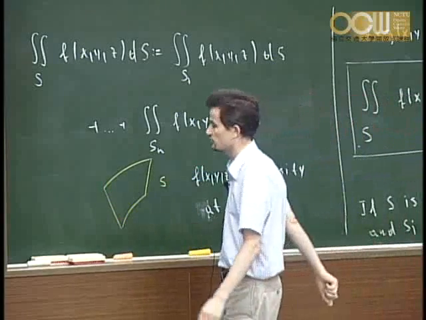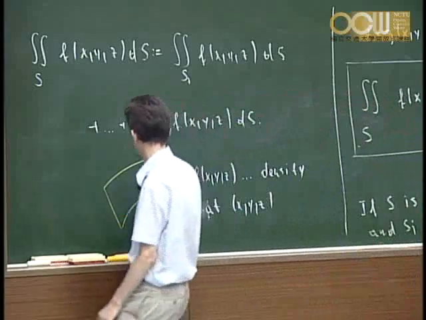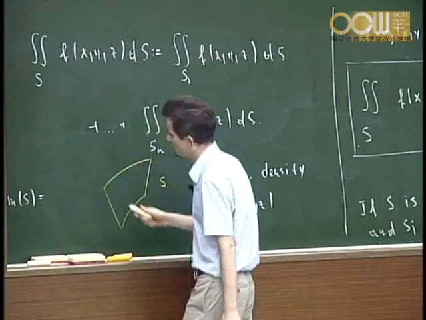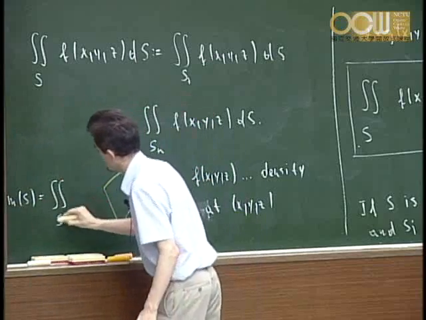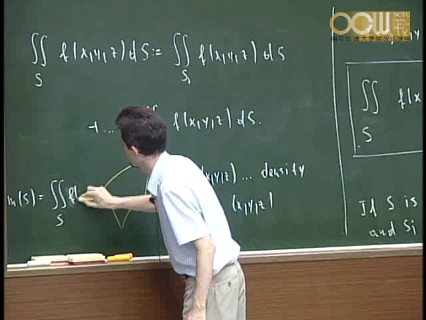Okay, if you want to compute the mass of S, what you need, of course, is the surface integral. So the mass will be given by the surface integral over S of this density function here.